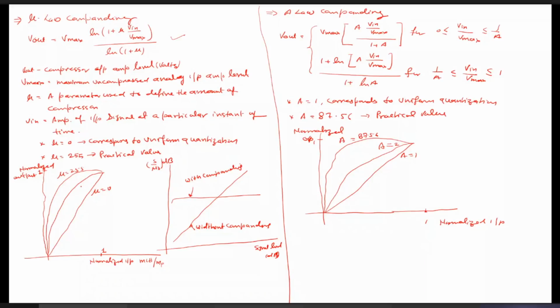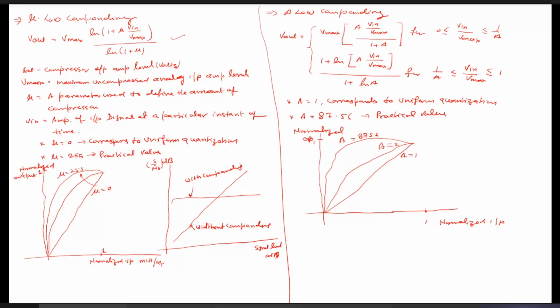Similarly, mu can be taken somewhere between 0 and 255, maybe 100 or 200. Once we increase the value of mu, the curve will shift like that. And if you take mu equals 255, the mu law companding characteristics, in fact the compressor characteristics, will look like that. Since mu equals 255 is practically used, I have mentioned it over here.